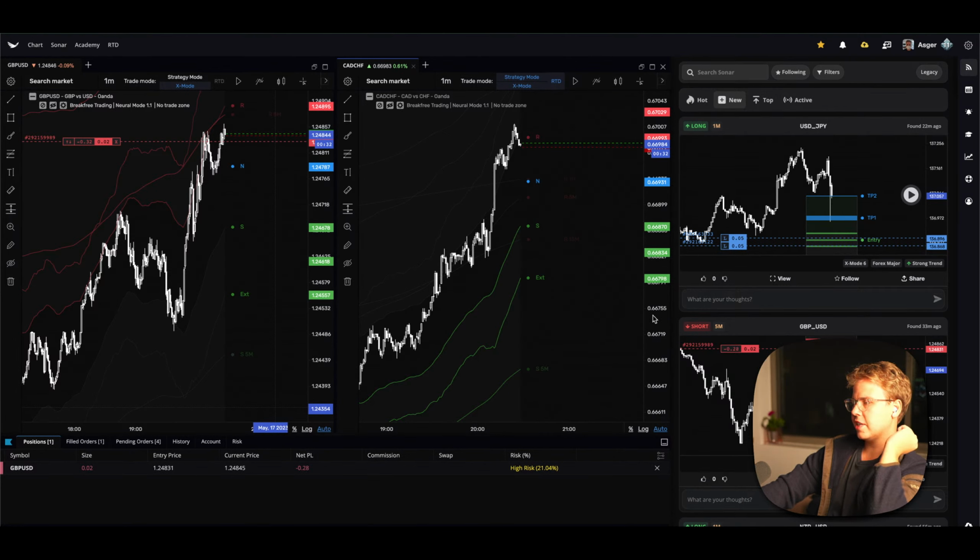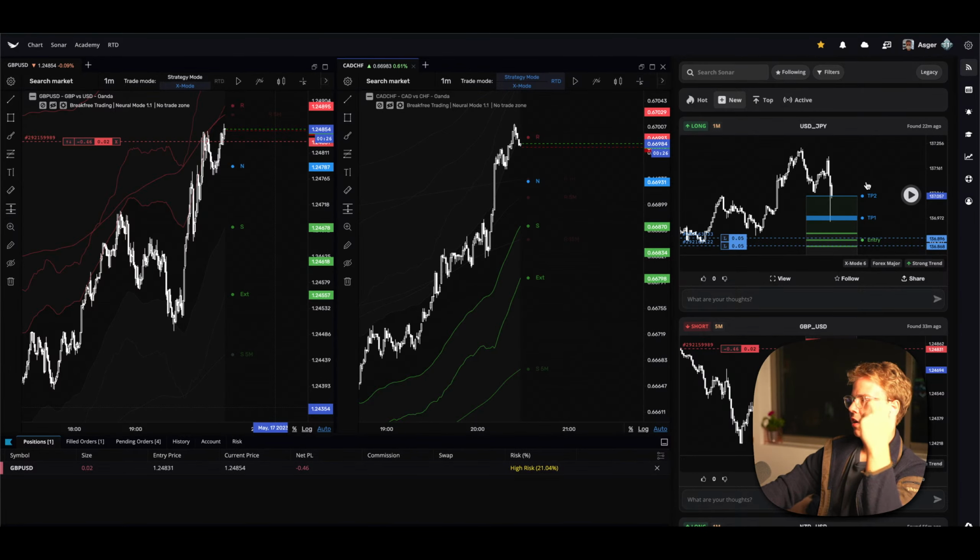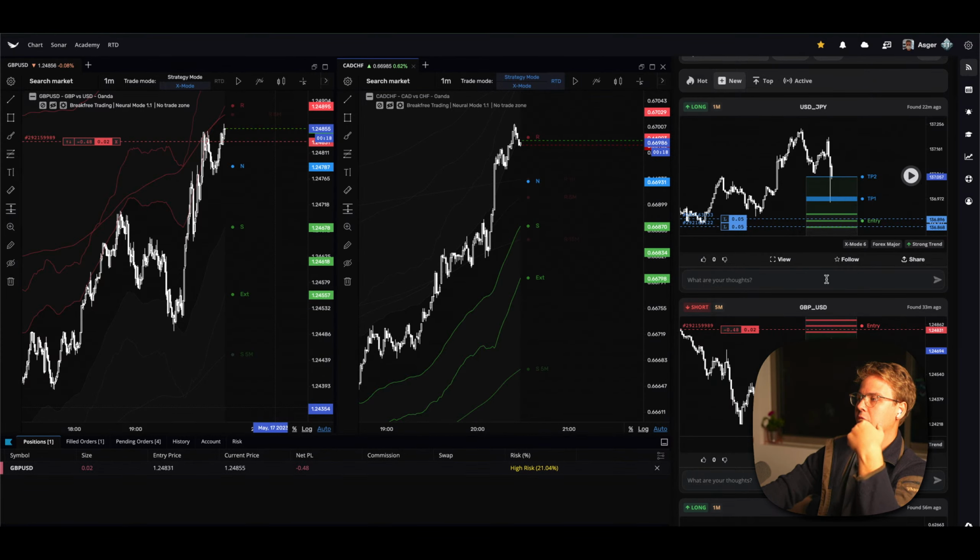So our sign is asking about the X mode 6 strategy. Everything that you see over here is the X mode 6 strategy. Everything in Sonar, and these are good trades. You can take them no problem. There's nothing wrong with them at all. These are the same trades that we ran our backtest on, and they perform really well. The only thing you cannot do is take too much exposure across the same market.